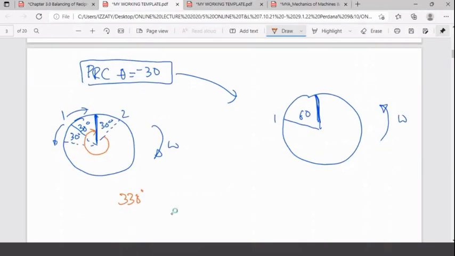A complete circle will give you 360 degrees. What we need is only 330, so you minus 30 degrees. Then you have 30 by another 30, and from the common crank you will have another 60.